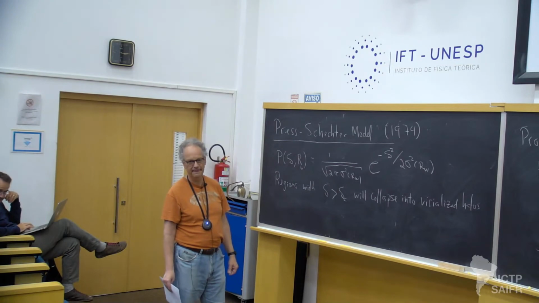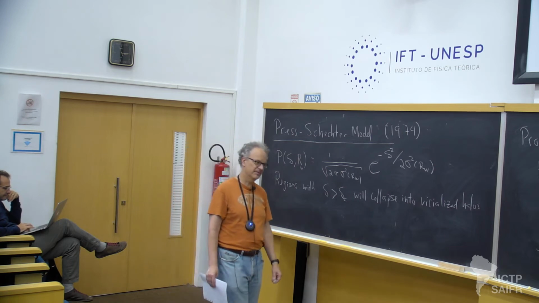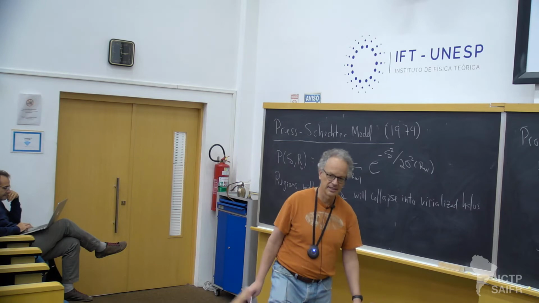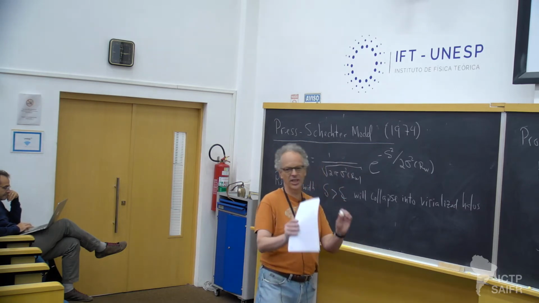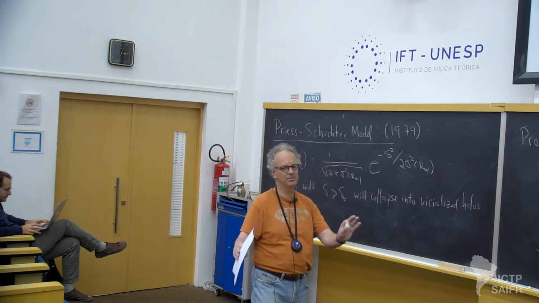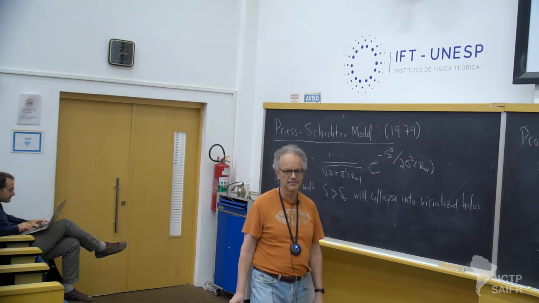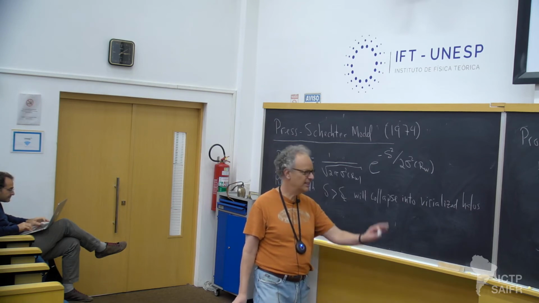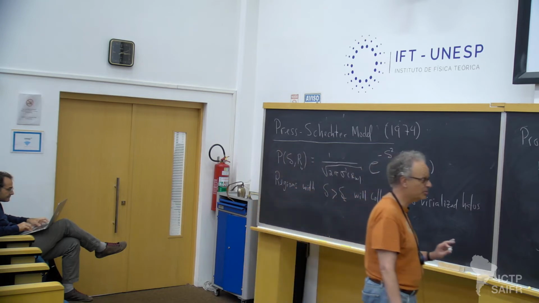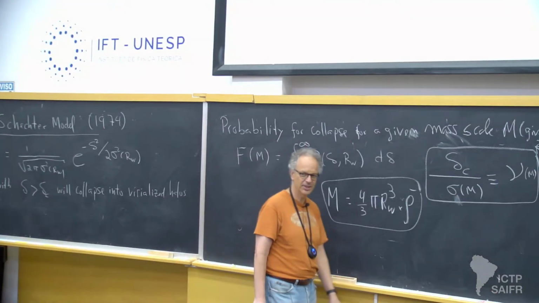If you choose a different window function, how do you define the mass scale? Right. For instance, if you take a Gaussian, yes, you have to cut your Gaussian at some point. So the mass scale is a parameter. Yes, absolutely, it's a parameter.